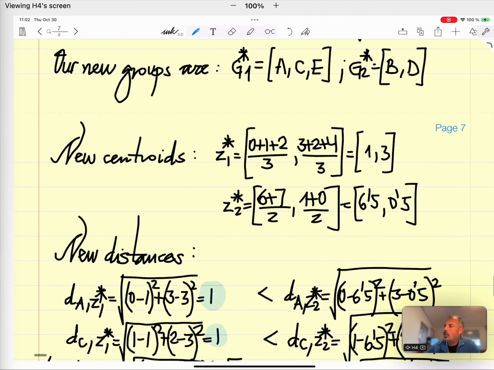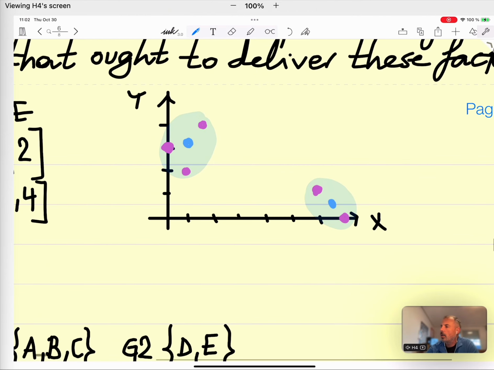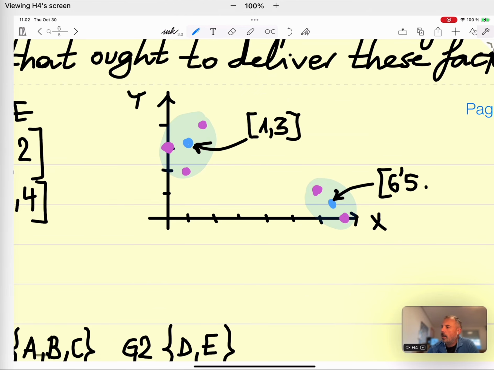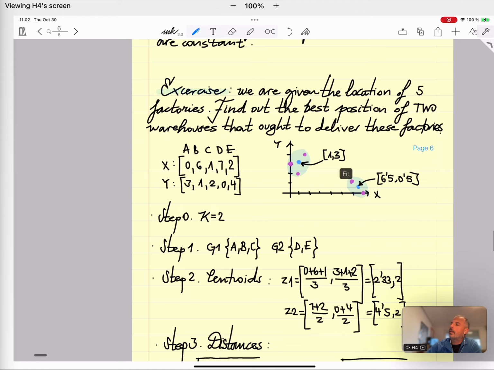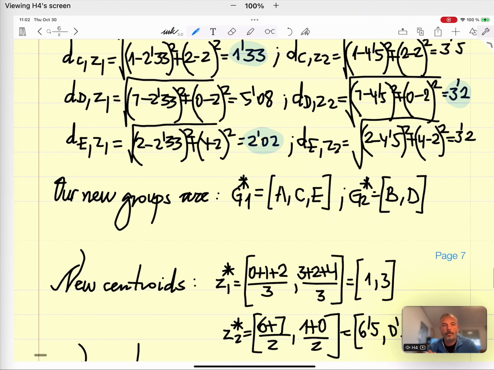Just like we saw here in our intuition, it was not so bad. So this is the point 1, 3, and this is the point 6.5, 0.5. All right. Any questions?